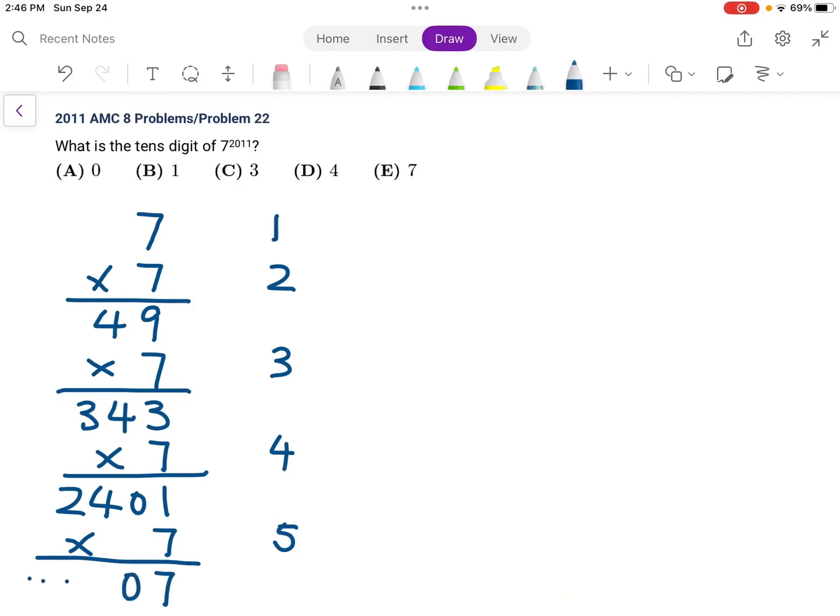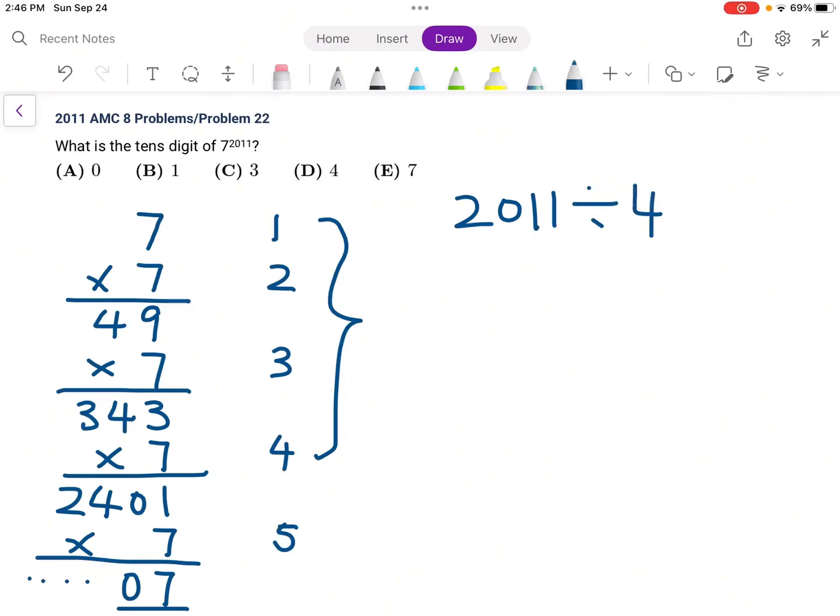and we don't need to pay attention to the previous numbers in here. We just need to pay attention to the last two numbers, and it becomes 7 again. So from now on, it's going to repeat the previous 4 powers. So we use 2011 to divide 4.